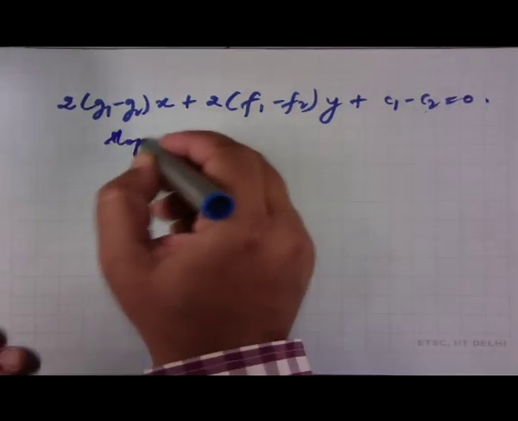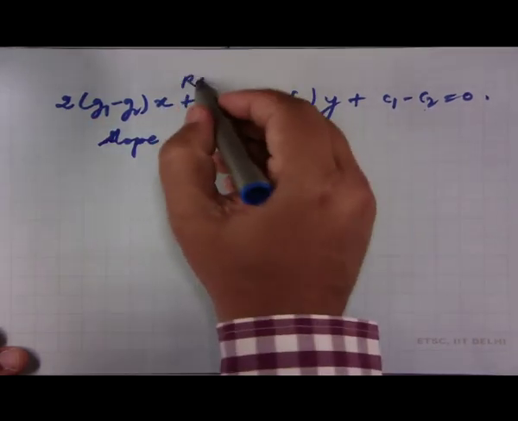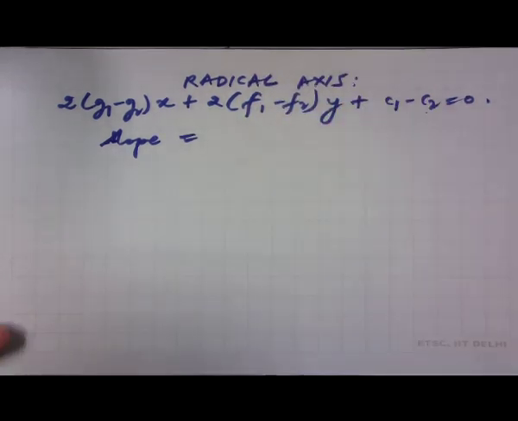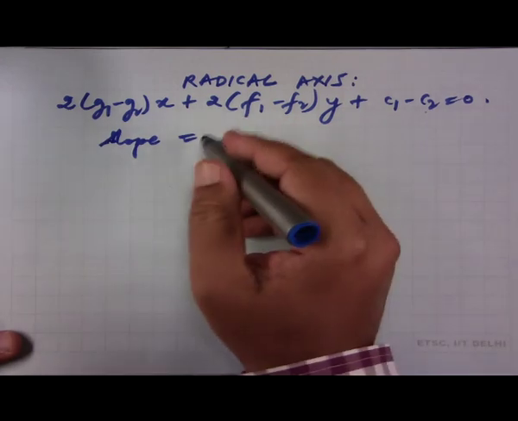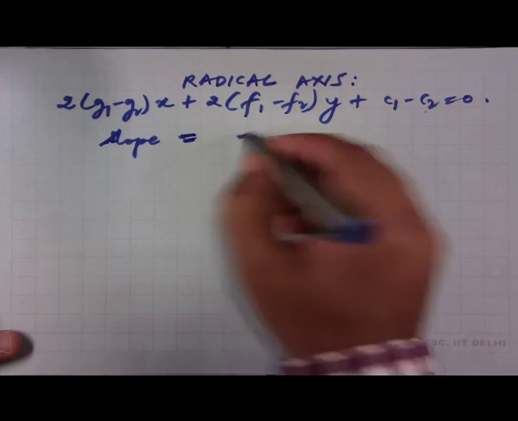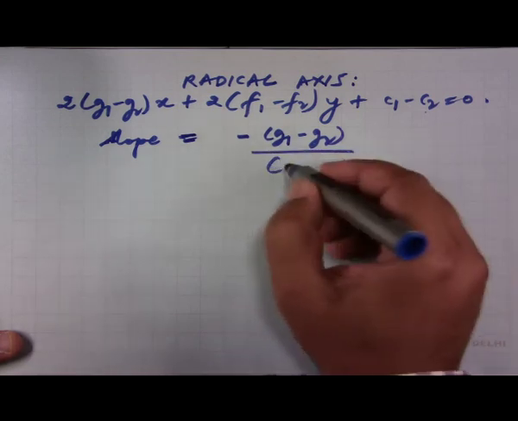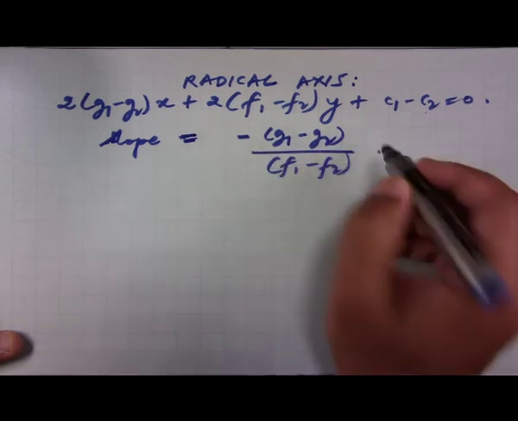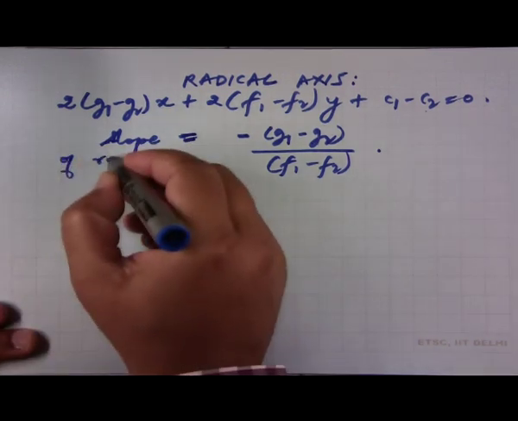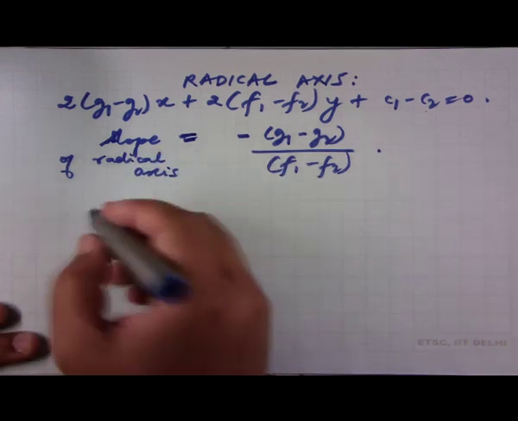So, the slope of this straight line, the slope of the radical axis, which is a straight line, is minus of g1 minus g2 by f1 minus f2.